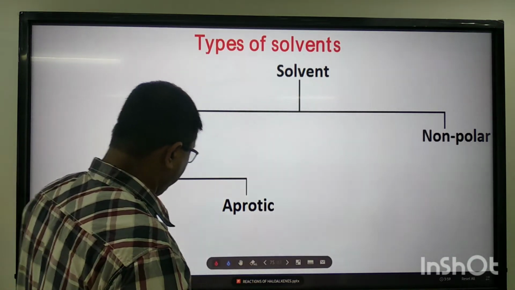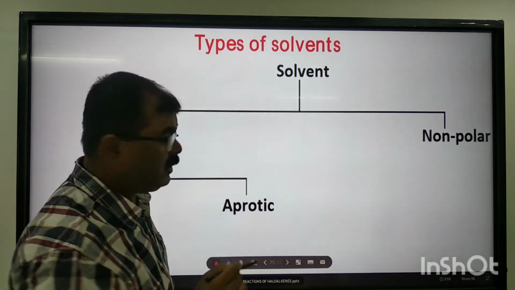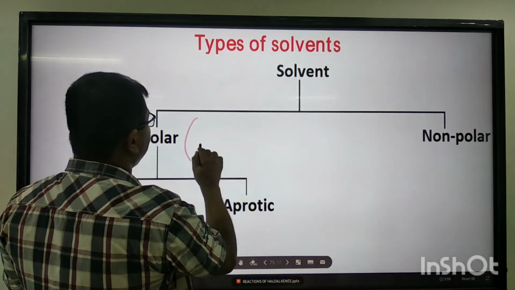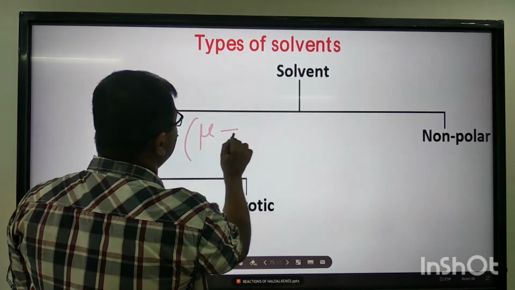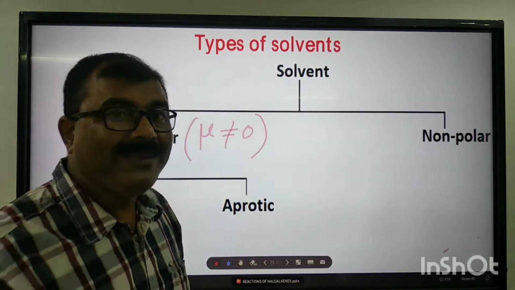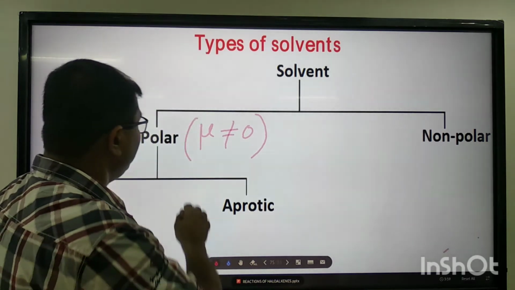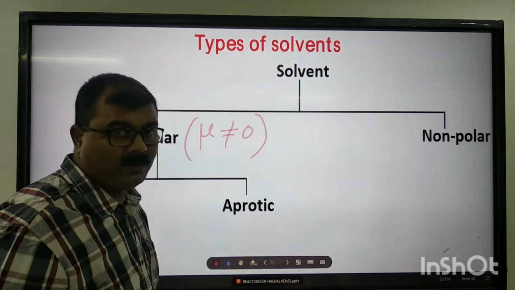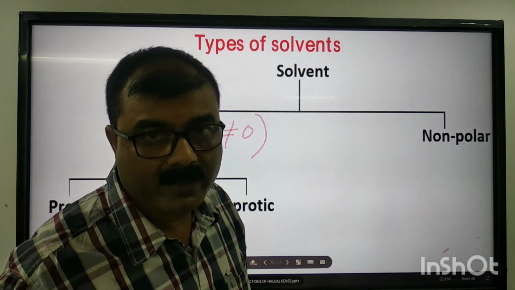If the net dipole moment of a solvent molecule, dipole moment is represented by mu, is not equal to 0, then we will say that is a polar solvent.